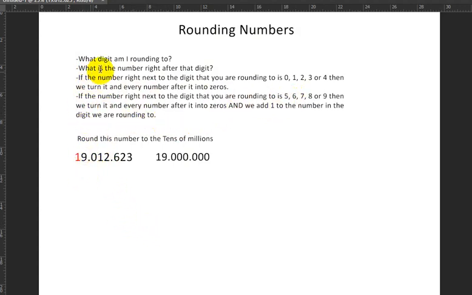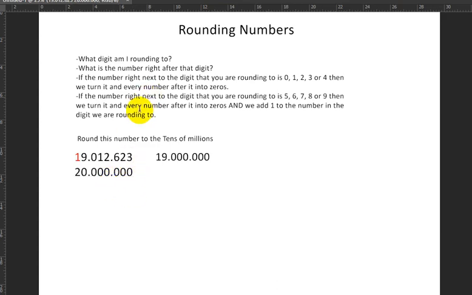We look to the number right next to the digit that we're rounding to. So in this case, the 9. So the 9 and everything after it gets turned to 0. And because we're in this case, we add 1 to the digit that we're rounding to. So the 1 is going to become 2, and everything after it is going to become 0. So this becomes 20 million.